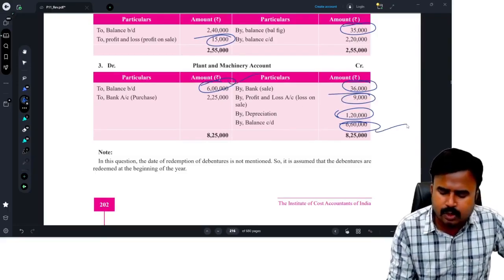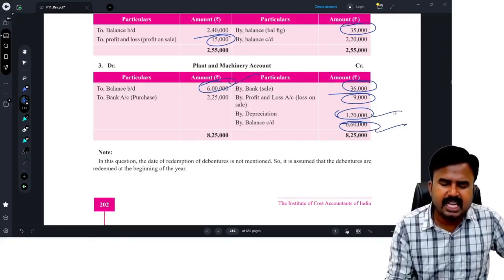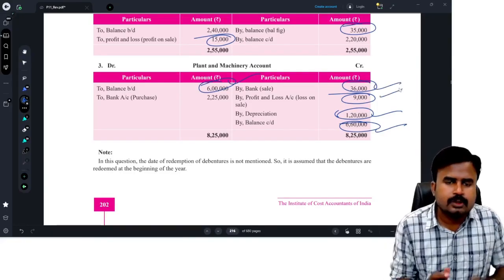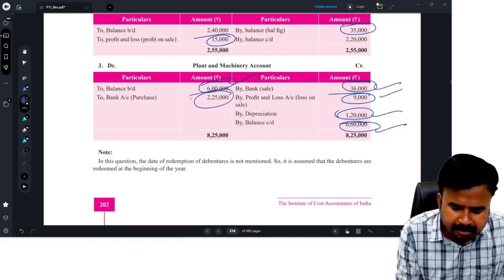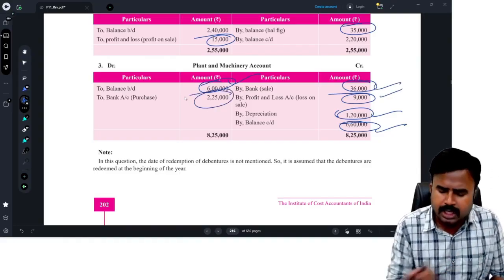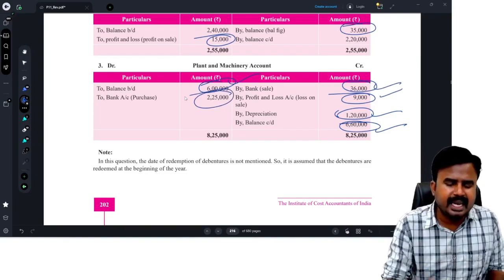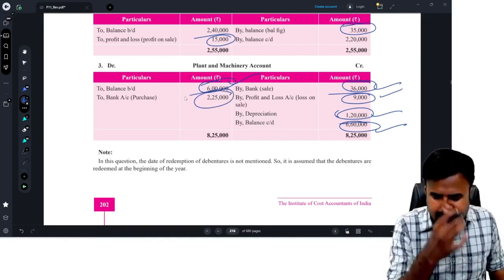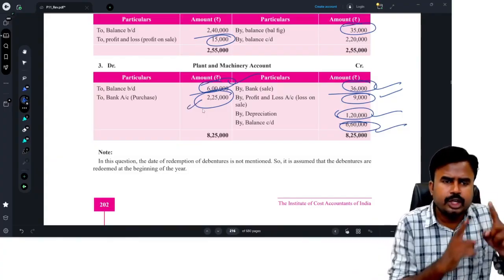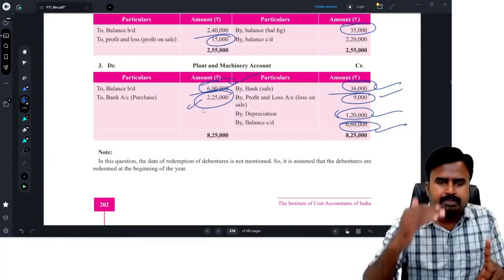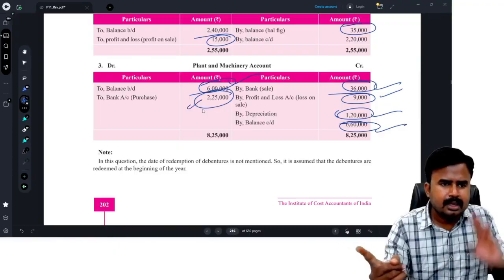Opening balance we have written, closing balance we have written, current year depreciation has been provided, and the sale transaction is closed. So the debit side balancing figure must represent your purchases. I got a balancing figure of 2,25,000. You can prepare this account and easily get a debit side balancing figure of 2,25,000. That's your purchase. Generally in an asset account, you should have opening balance, closing balance, current year depreciation, sale transaction, and purchase transaction.